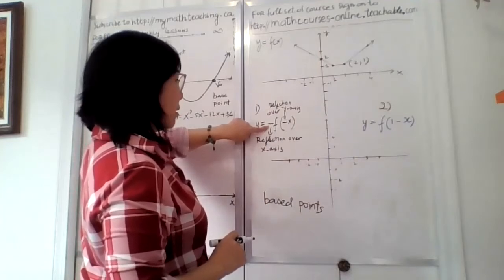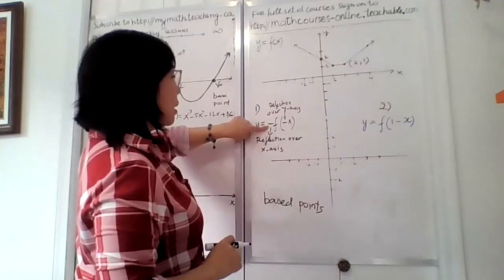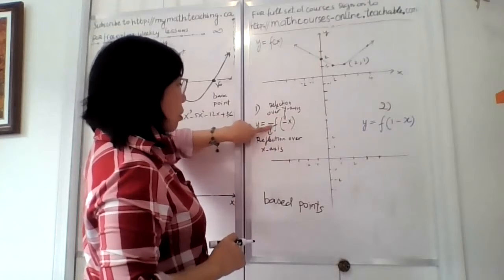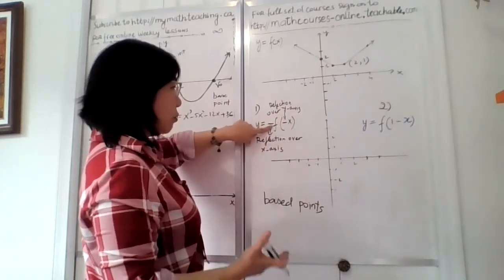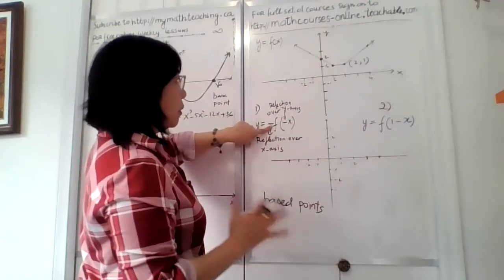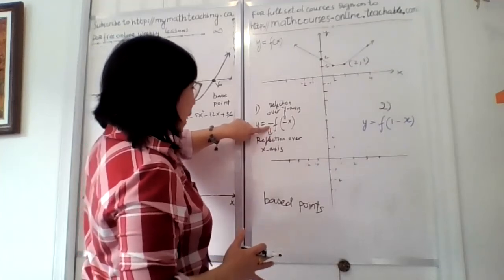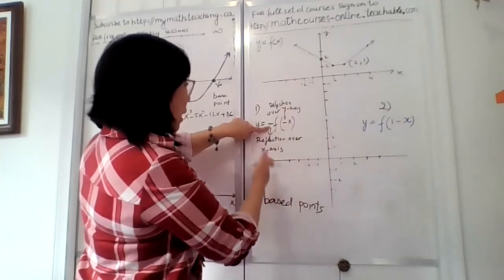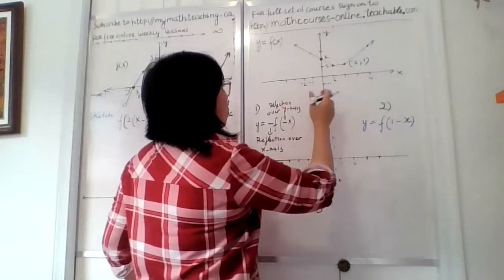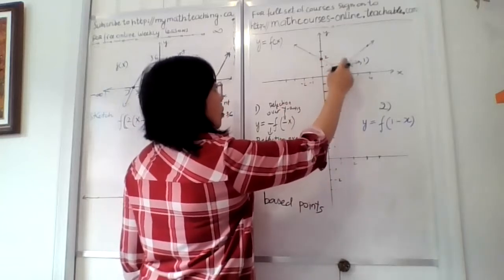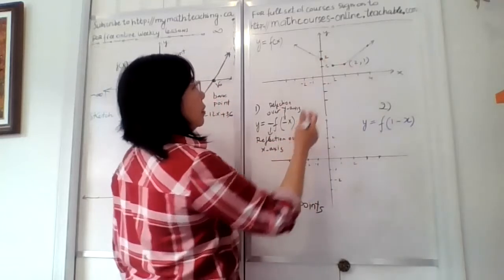Now, let's do the reflection over the x-axis first, right? In this notation here, we don't have to worry about factor A, which is the stretch factor. Everything would stay the same, except that we're going to reflect this function over the x-axis. So I'm going to use this base point to reflect it, right?